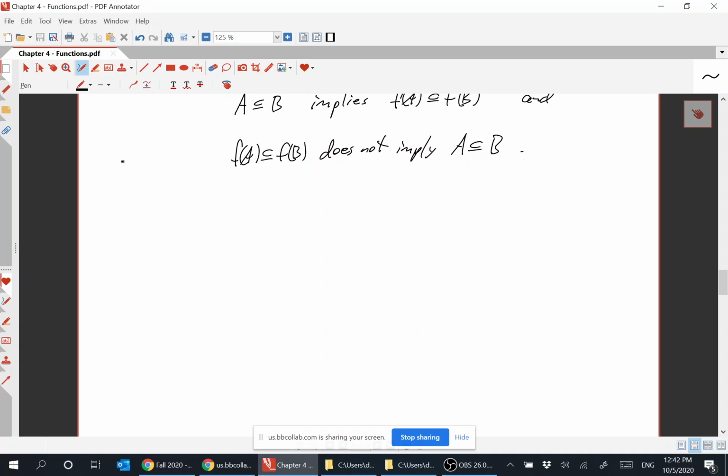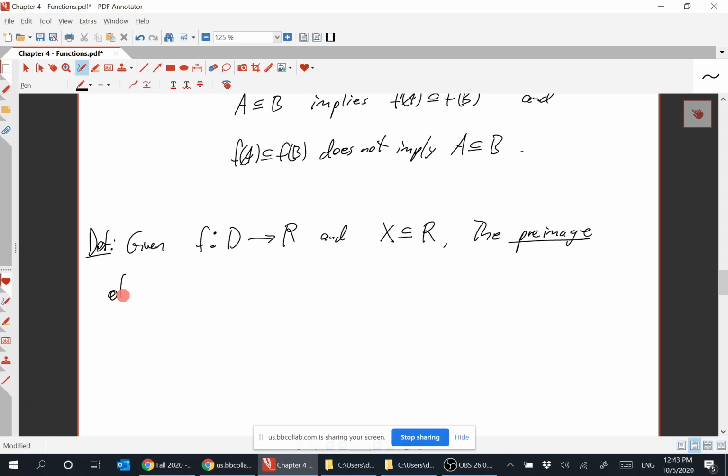All right. Definition. Given f from domain D to range R, and X a subset of the range, the pre-image of X under f is, and it's denoted as follows.